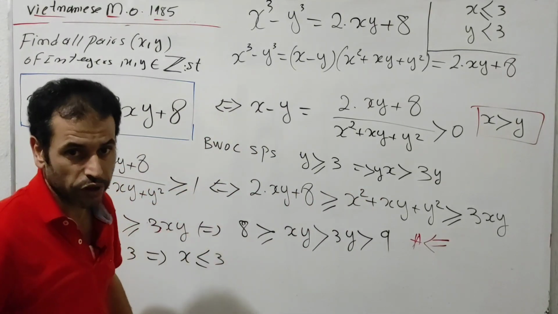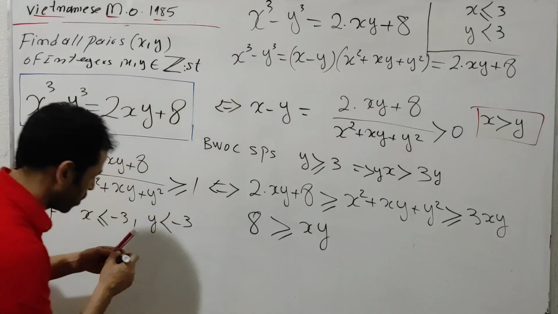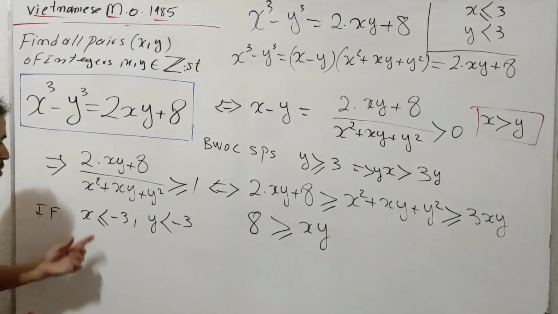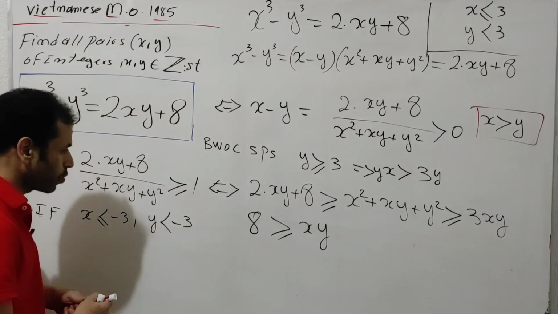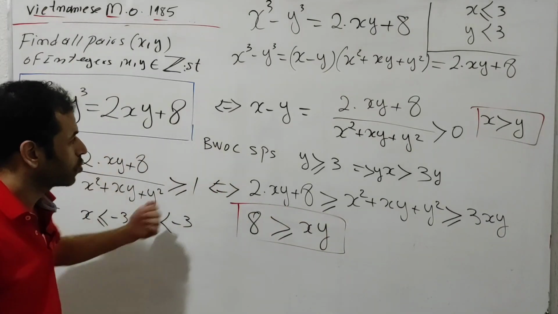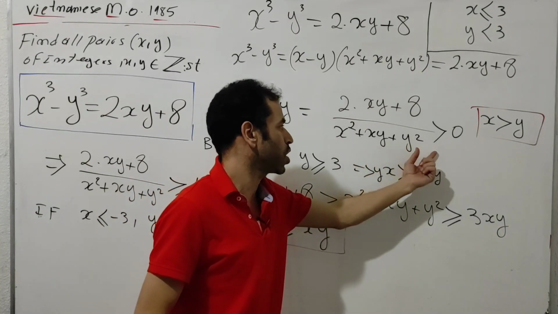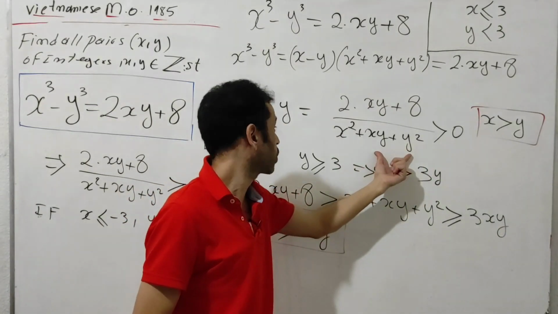Now I'm going to work on the negative numbers. If x is inferior or equal to minus 3 and y is strictly inferior than minus 3, because x is bigger than y, then I'm going to work on the same inequality that I have before. Even though both numbers are negative, this inequality holds the same direction that we have in the previous case, okay?